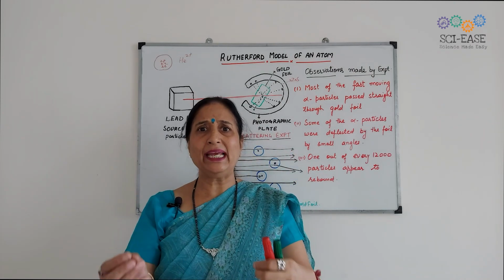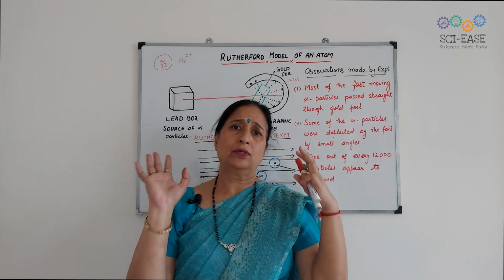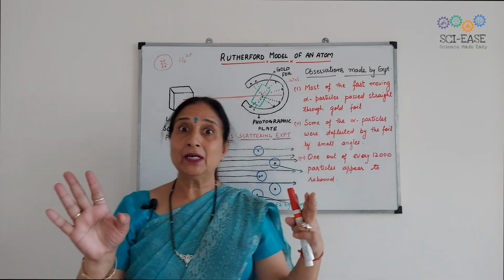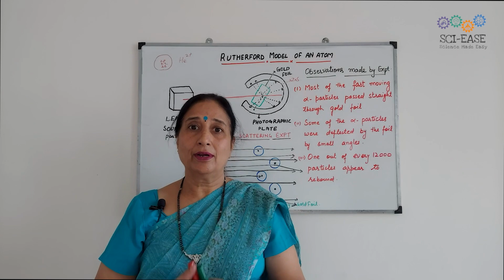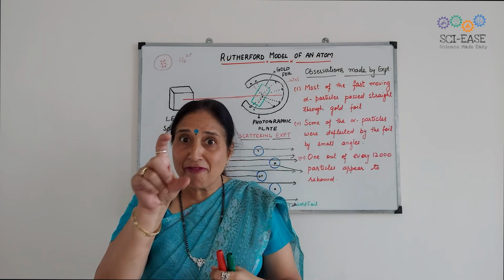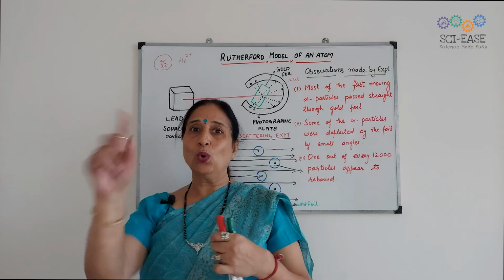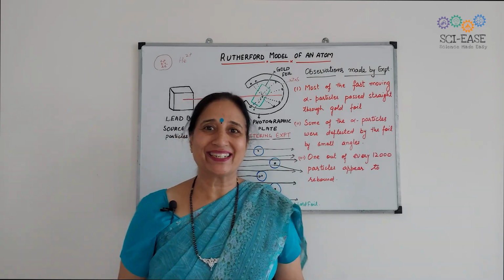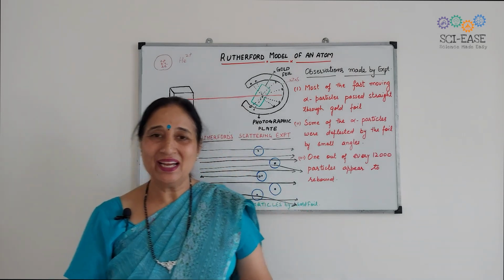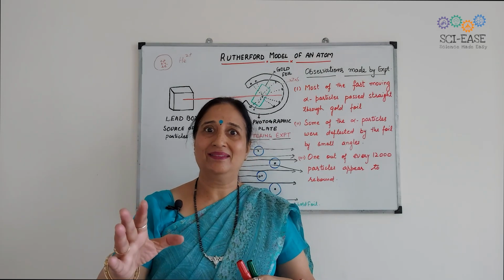Out of 10, only one time or so he will hear the sound of the stone. Why? Because in the fence there are some spaces, and so the stone will pass through it. Okay? Stone will pass through it.